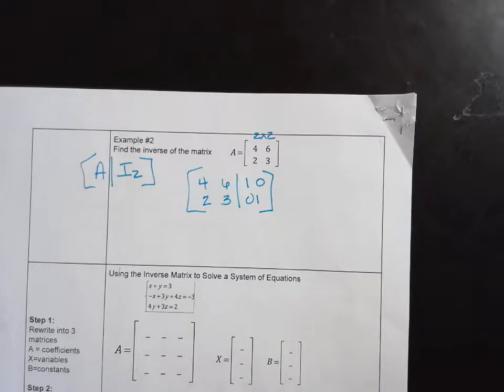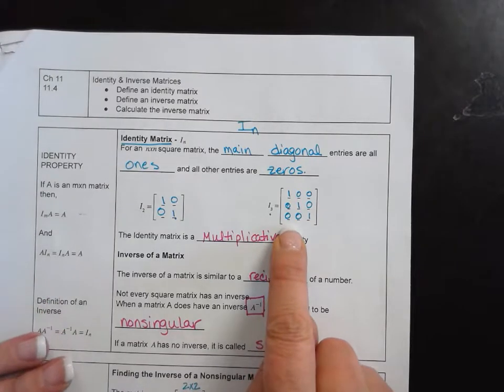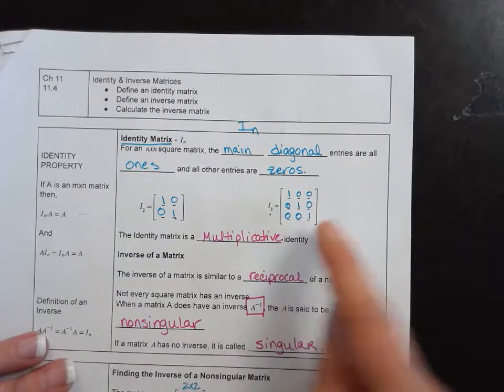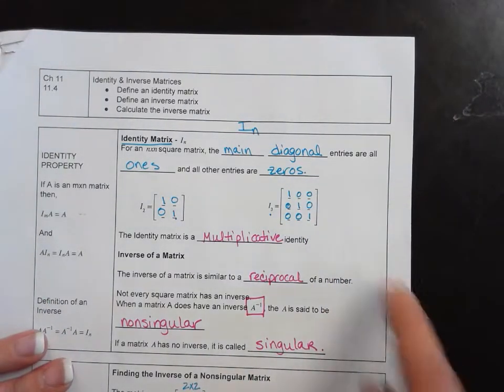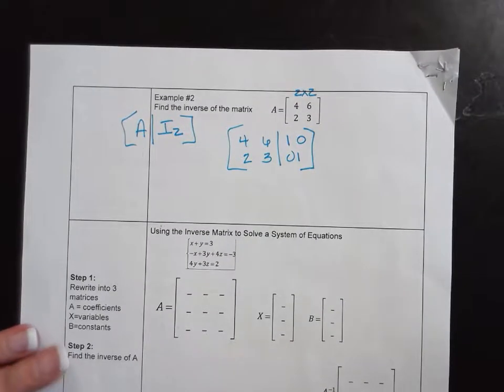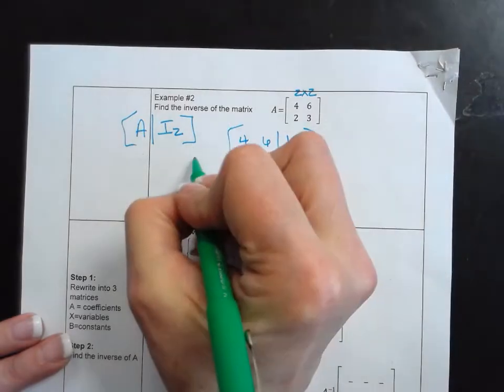Is that always going to be the identity? Unless it's a 3 by 3 or a 4 by 4. You use whatever identity. If it's a 3 by 3 identity, then it's going to look like this. If it's a 4, then you just have 4 ones. Okay? All right, step 2.